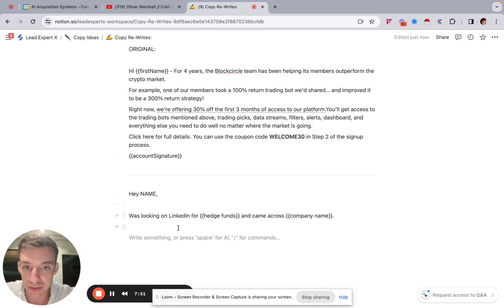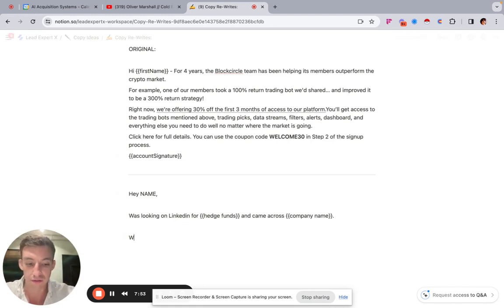So one of our members took a 100% return trading bot that we'd shared. So we built a trading bot that allows, and then you can put the type of company here, whatever that is, right? So whoever you're reaching out to, that allows type of company to increase their returns by 2x in comparison.